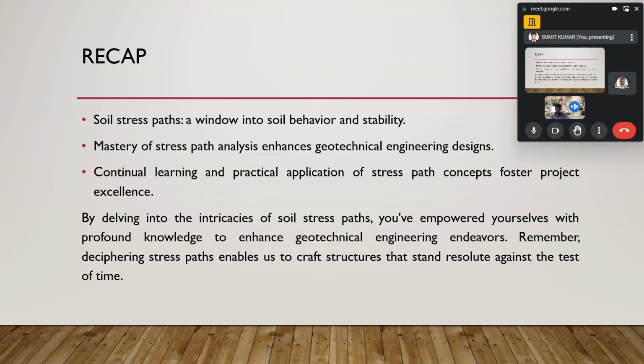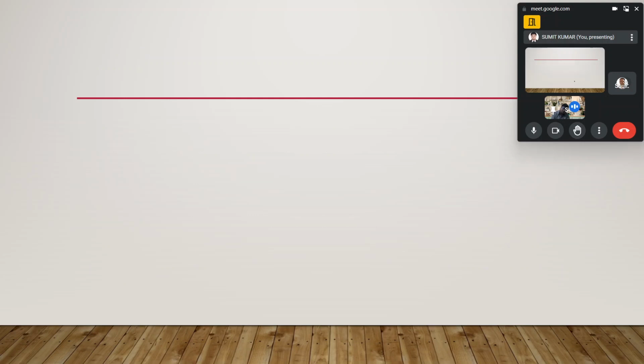By delving into the intricacies of the soil stress path, we have empowered ourselves with profound knowledge to enhance geotechnical engineering endeavors. And one thing must be remembered: the stress path enables us to craft structures that stand resolute against the test of time.